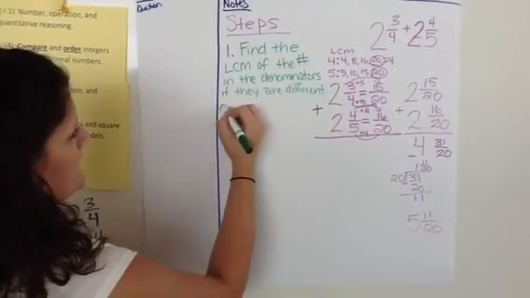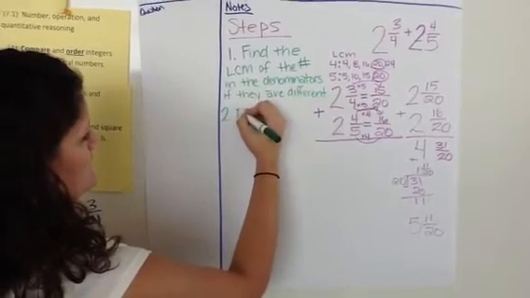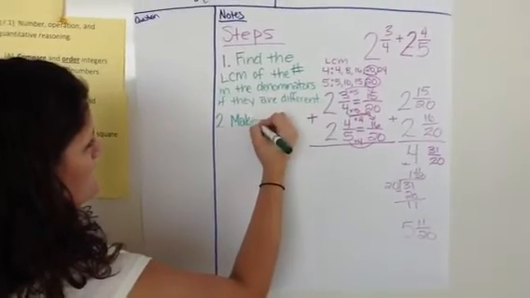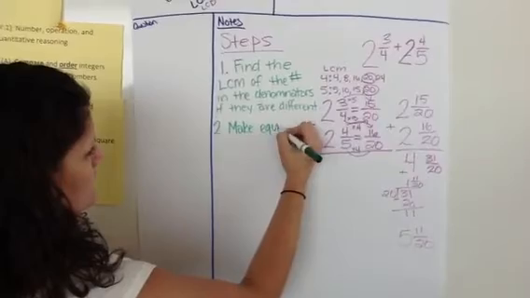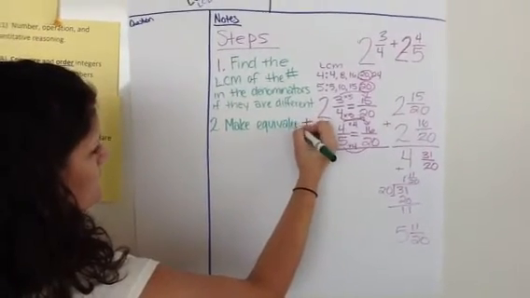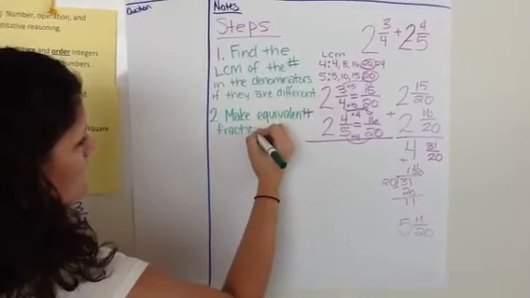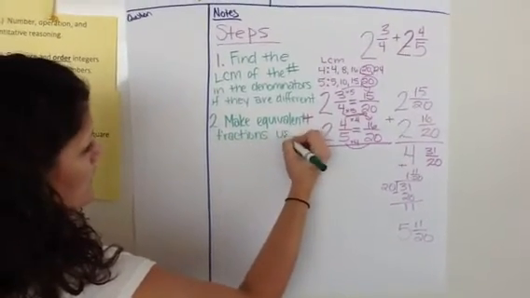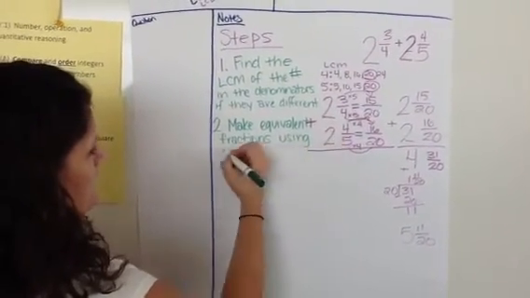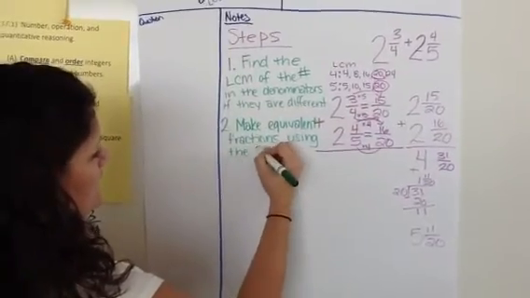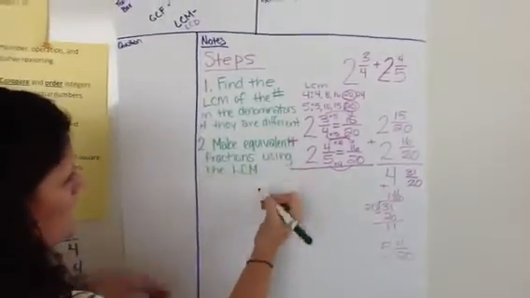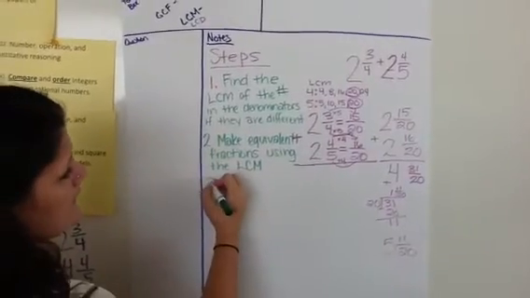The second step is to make equivalent fractions using the LCM.